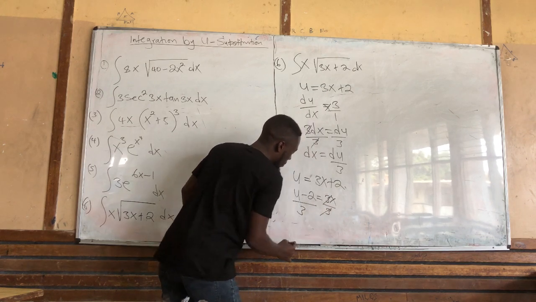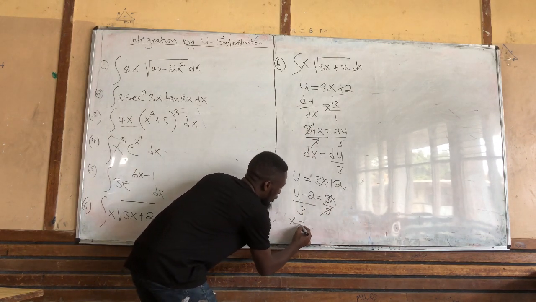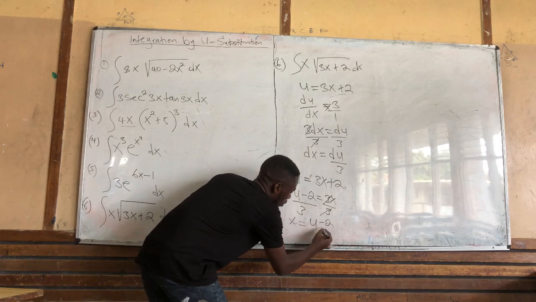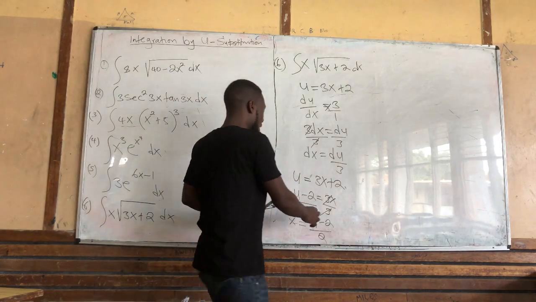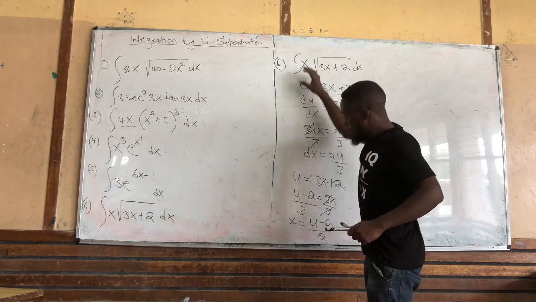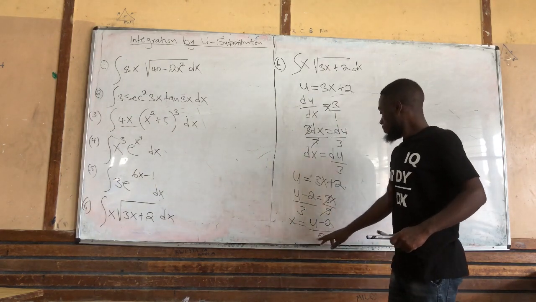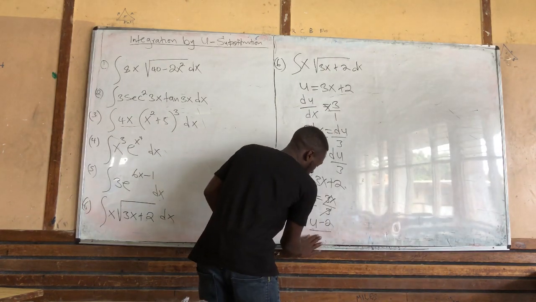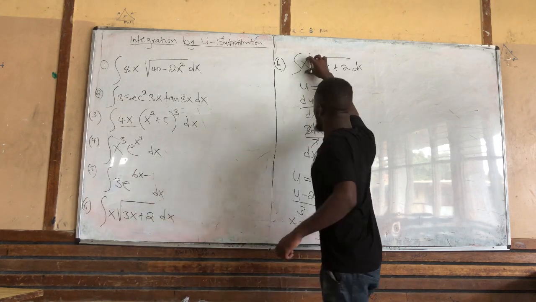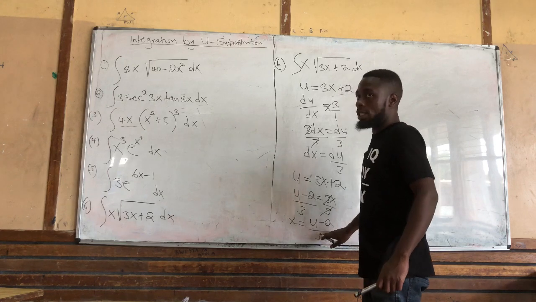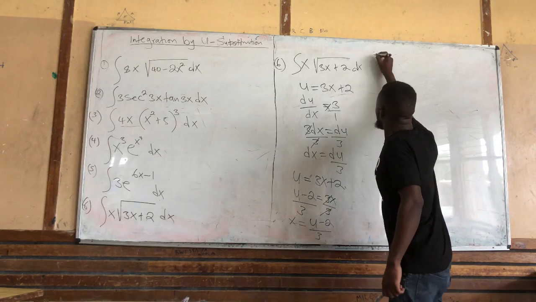This x and this x will cancel, so x is equal to u minus 2 over 3. So what is the meaning of this? Wherever there's this x here, we need to replace it with this one here.